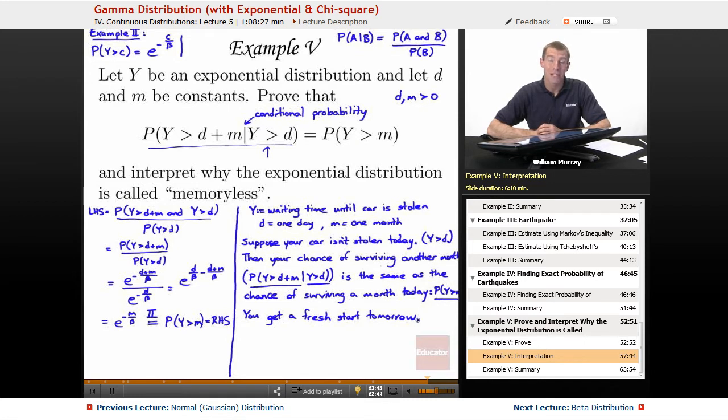That's what it means to be a memoryless distribution. The exponential distribution is memoryless. At the end of today, it doesn't remember that you survived one day. It just restarts and it calculates anew for the next month. The exponential distribution is memoryless.